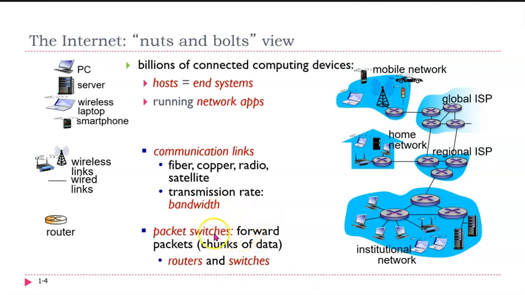So again, this is part of packet switching. Packet switches forward packets, or chunks of data, through routers and switches. So what are routers? These are the routers, which we also call switches. The task of these devices is to route the packets towards the destination. In this example, it's just a small network.